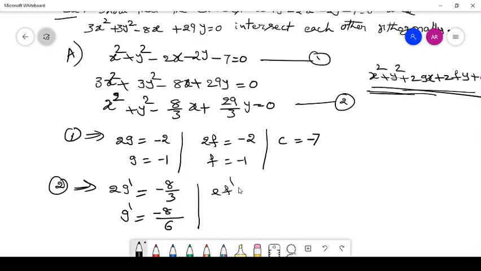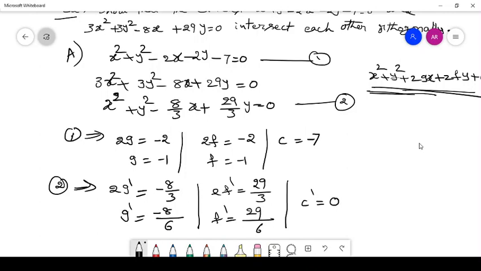Next, 2f dash is the coefficient of y, which is 29 by 3. F dash is also 29 by 2 3s are 6. Next, there is no constant term in the second equation, so c dash becomes 0.